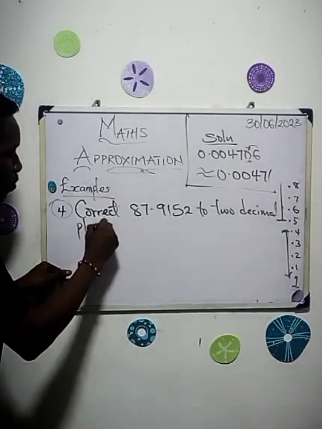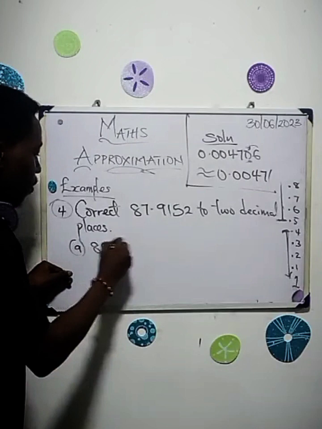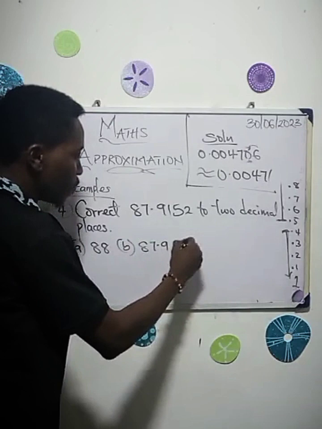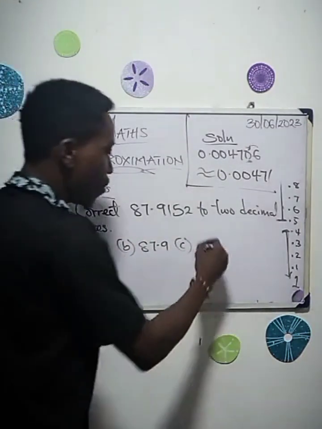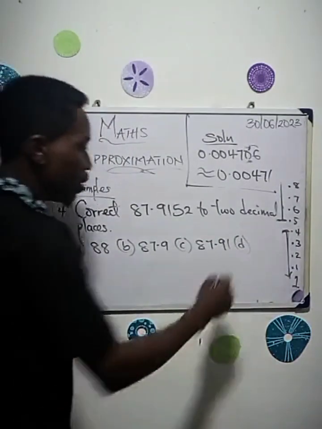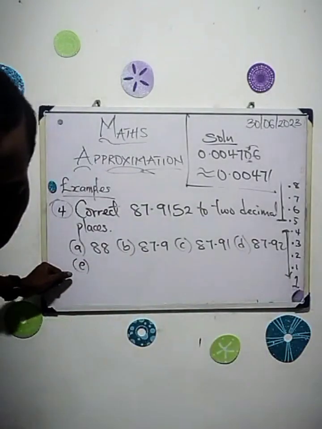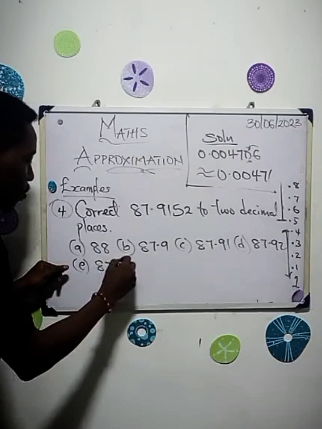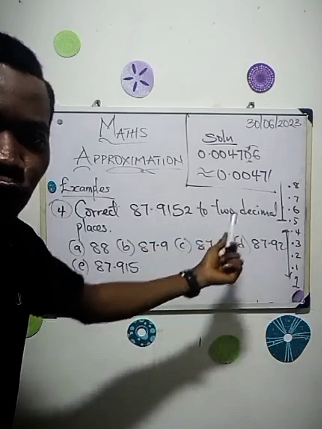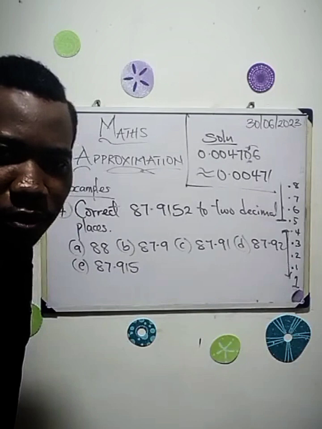Our options: A, we have 88; B, we have 87.9; C, we have 87.91; D, we have 87.92; and E, we have 87.915. Five options. Correct 87.9152 to 2 decimal places. Option D says 87.92.